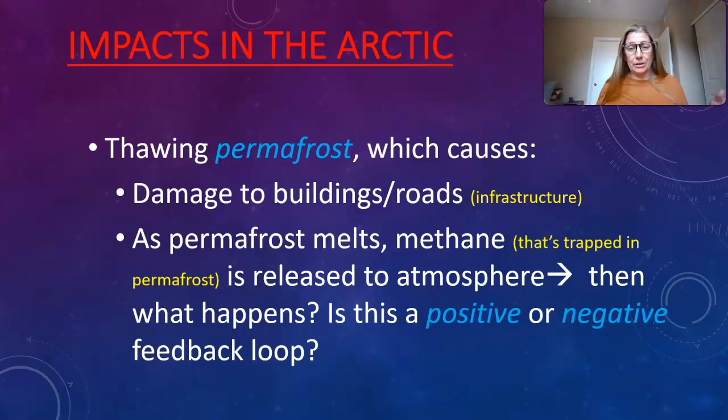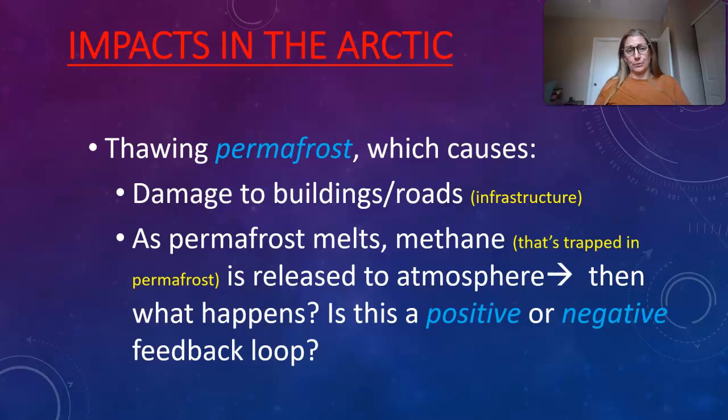Methane, being a greenhouse gas, makes things even hotter. As the air gets even warmer, it's going to melt even more permafrost, which is then going to release even more methane. That's the positive feedback loop. We're pushing things further in one direction.